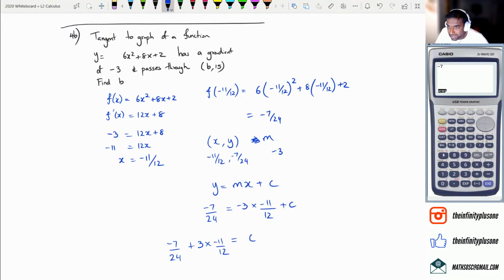So I've got negative 7 over 24 plus 3 times negative 11 over 12, which gives me a c value of negative 73 over 24. Ugly numbers, apologies about that. So we've got y equals, gradient was negative, so negative 3x minus 73 over 24.